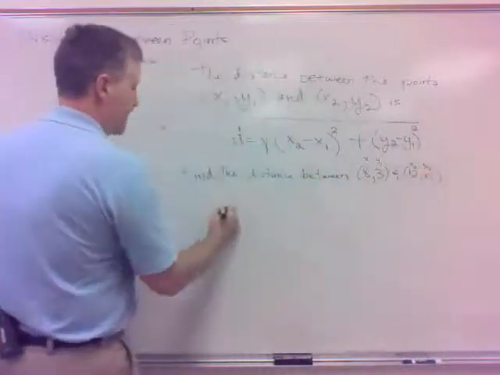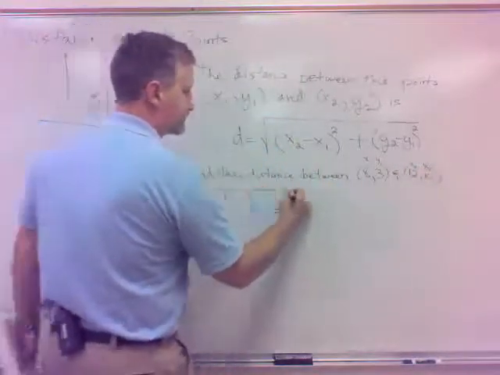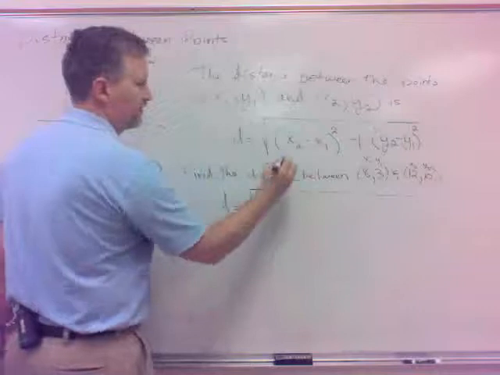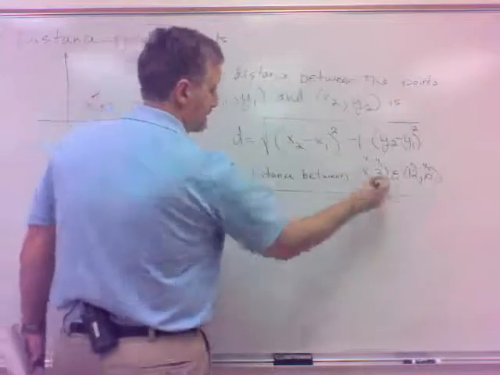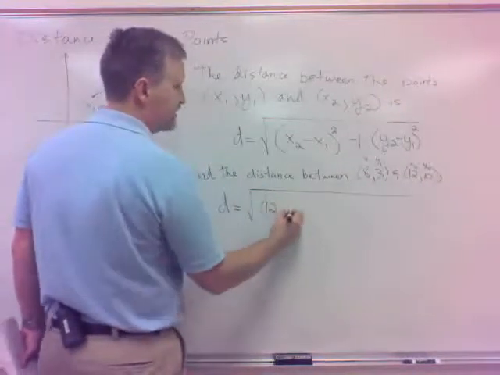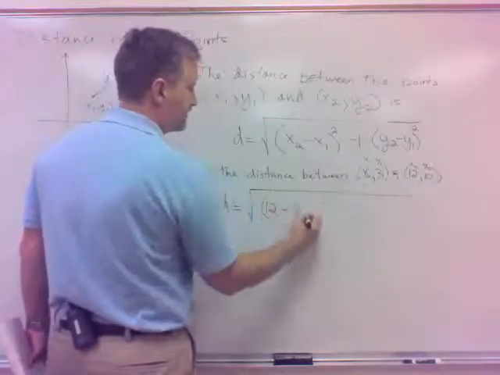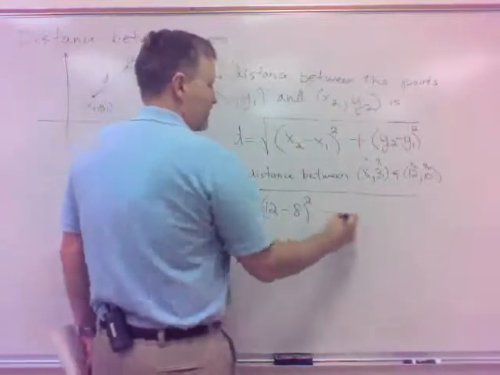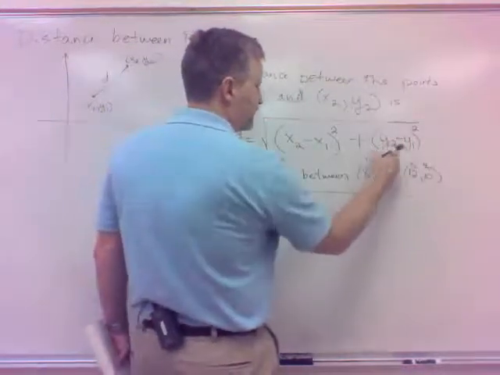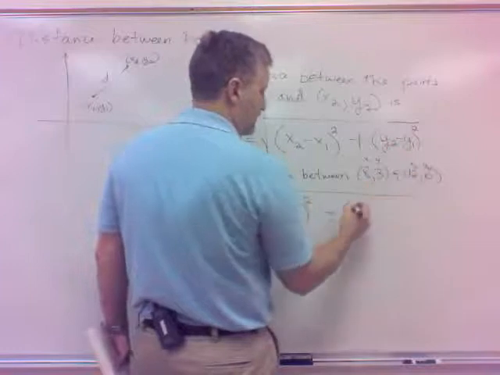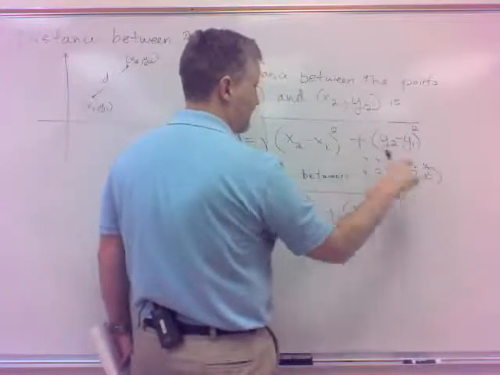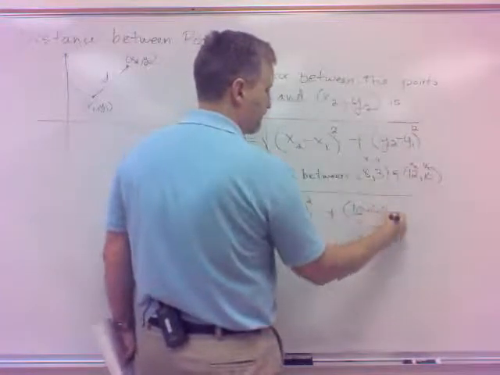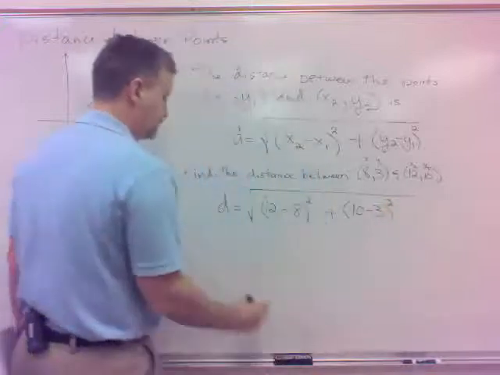So if I plug that in, D equals the square root of, take the second x, 12, minus the first x, 8, and square it. Don't forget to square it. Then add to that y2 minus y1, so second y, 10, minus first y, 3. Square that. What do I get?